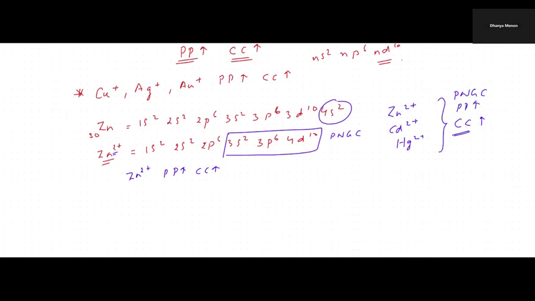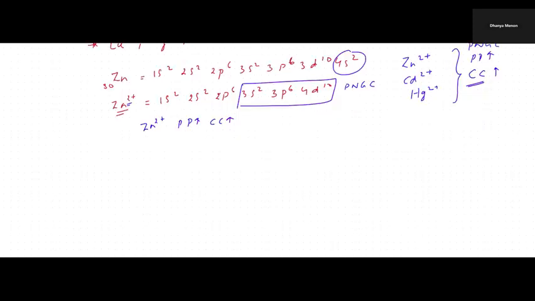So for covalent character of the cation, check the size. If it's smaller, polarizing power is more. Check the charge. If charge is more, covalent character is more. Also check for copper ion, silver ion, gold ion, zinc ion, cadmium ion, and mercury ion.